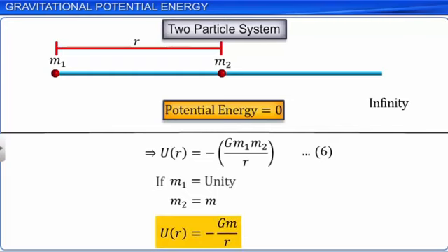Extrapolating this application of the superposition principle to an isolated system containing n number of particles, the total potential energy of the system is equal to the sum of the energies of all the possible pairs of its constituent particles. Thus, you have learned about the gravitational potential energy in two-particle and three-particle systems.